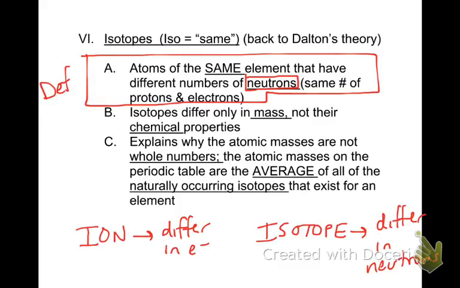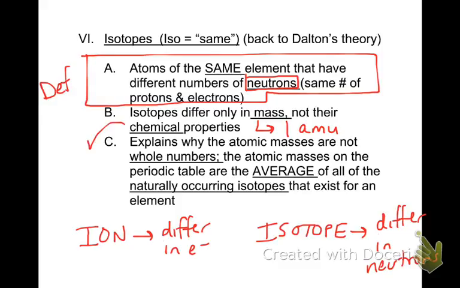Now, isotopes, they differ only in mass and not their chemical properties. And here's why. Because isotopes differ in numbers of neutrons, that means that if an atom has one extra neutron than another one, then it's going to have 1 AMU higher of an atomic mass because it's got one more particle, one more neutron to it.